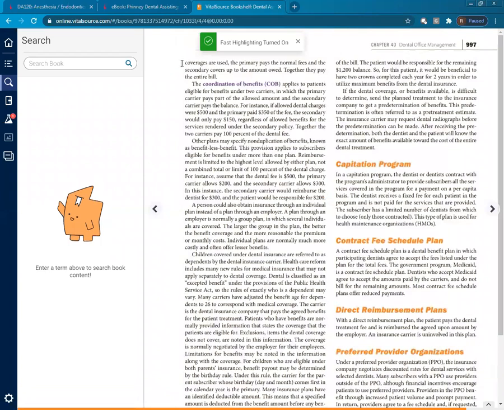If two coverages are used, the primary pays the normal fees and the secondary covers the amount owed. Together, they pay the entire bill. Some people don't want to deal with having to pay any extra fees, so they just pay for two insurances and leave it at that.